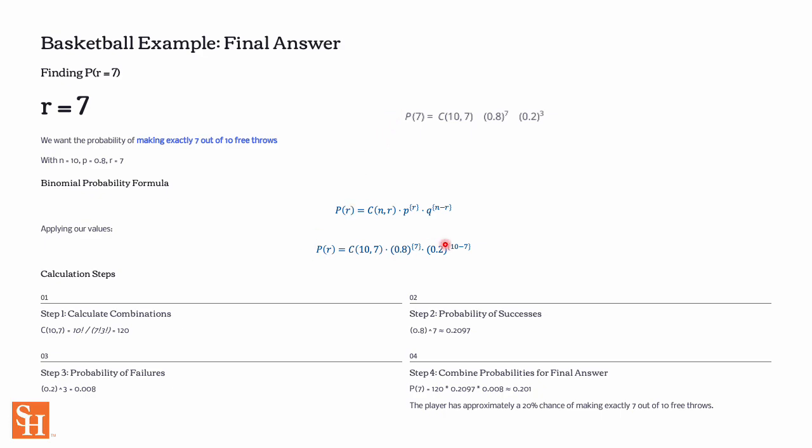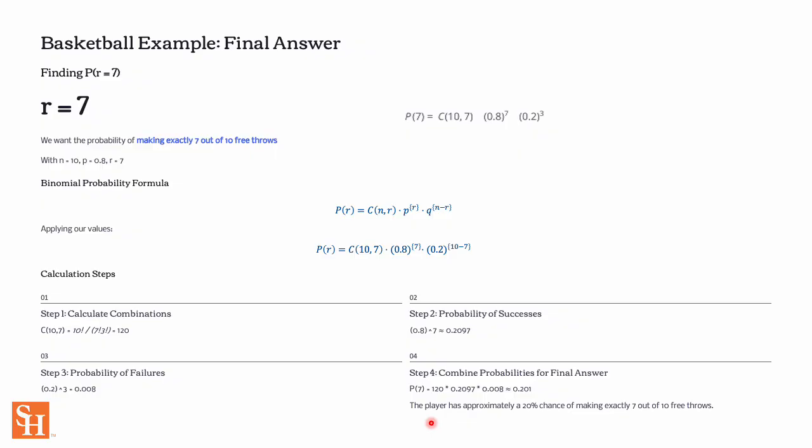And after plugging in these values, we can calculate each part separately, and here we have the calculation for each part. This is for the binomial coefficient part. Then for this part we have this value, and for this part we have this value, and finally after the final calculation the probability that we get is 0.201.